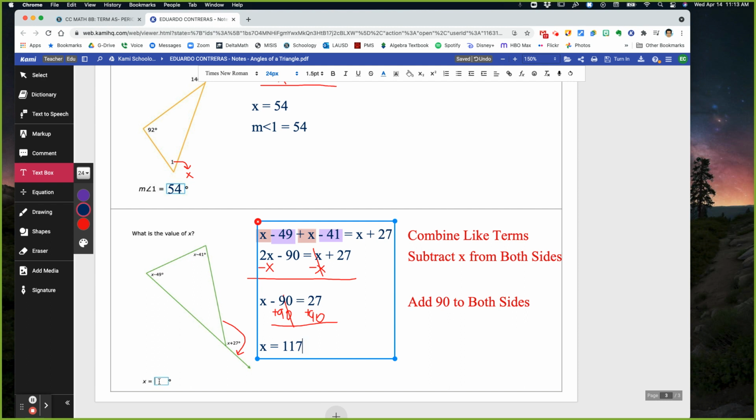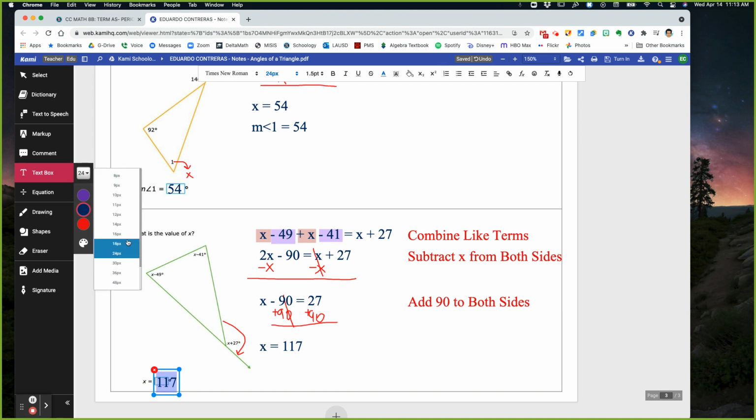So the answer here is 117. Ooh, that's going to be way too big to fit in there. I'll make it fit. So there it is. My answer is 117 for x.